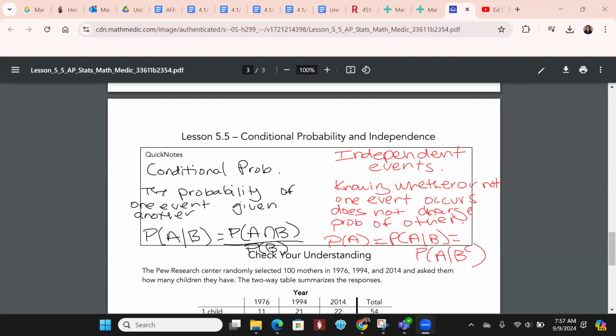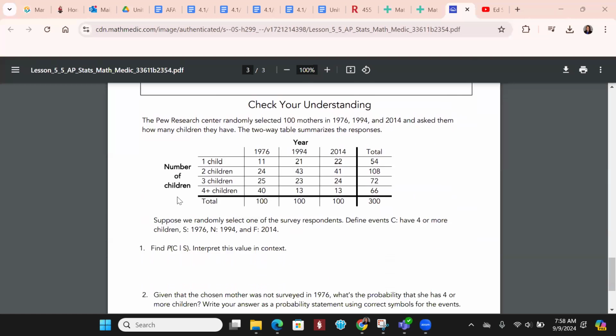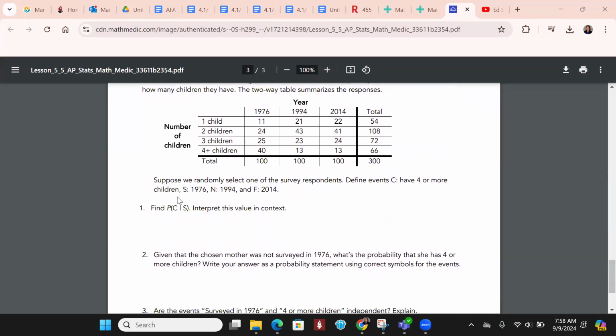Find P of C given S and interpret this value in context. What are they asking us to find? Put this in words. When they say interpret, you're putting it into context.